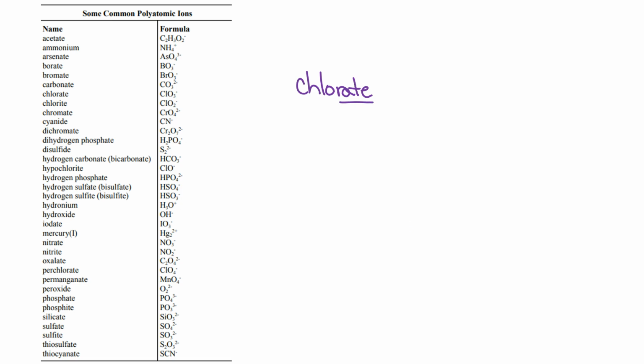ClO3, and then because it's an ion, it's telling me I have to associate a charge with it. So this -1 charge is for this entire formula. We're going to treat this as if it was a singular atom when we do compounds with it.